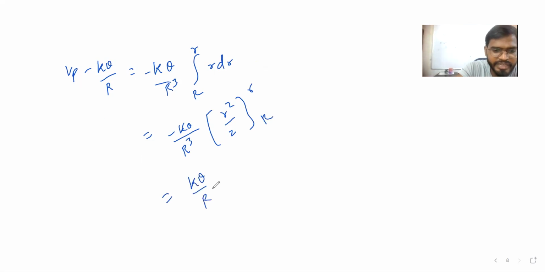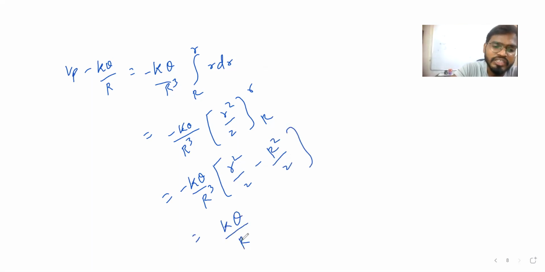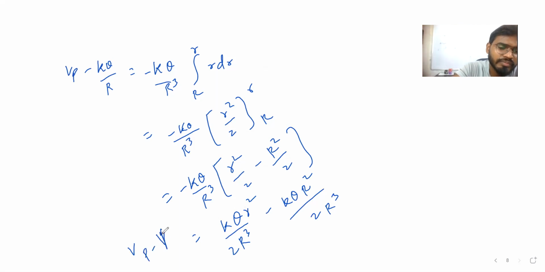Putting upper limit minus lower limit, we get Kq by 2R cube into r square minus R square, equal to Vp minus KQ by R.